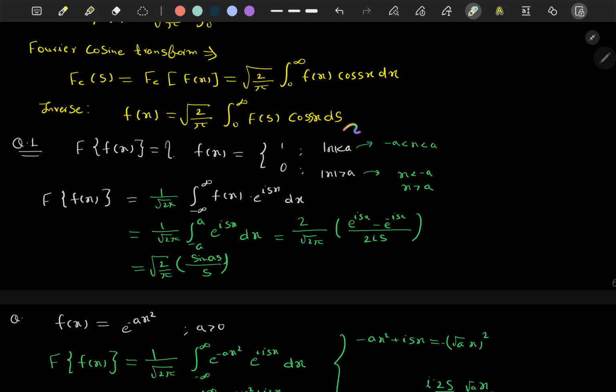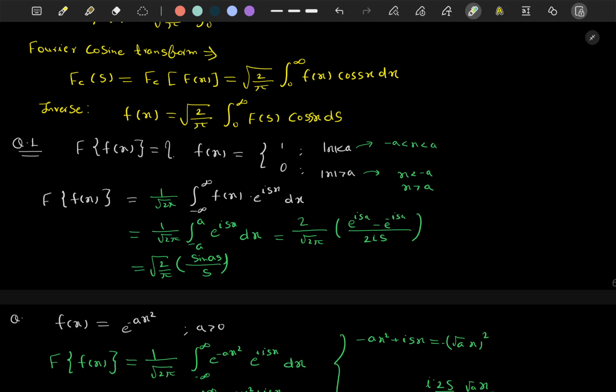Okay, so always remember, this is very important. Mod of x less than a represents when a variable has a value between minus that constant to plus that constant, and mod of x greater than a represents values other than those, like here minus a to plus a.